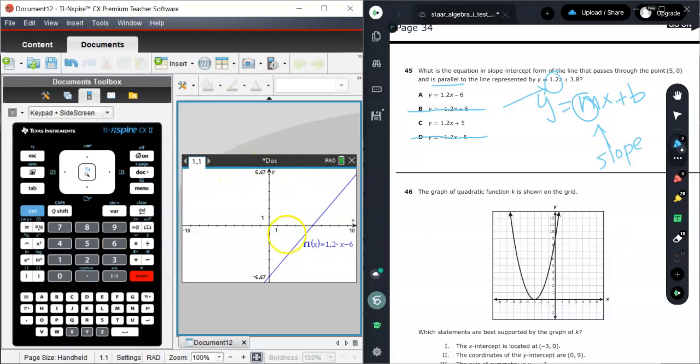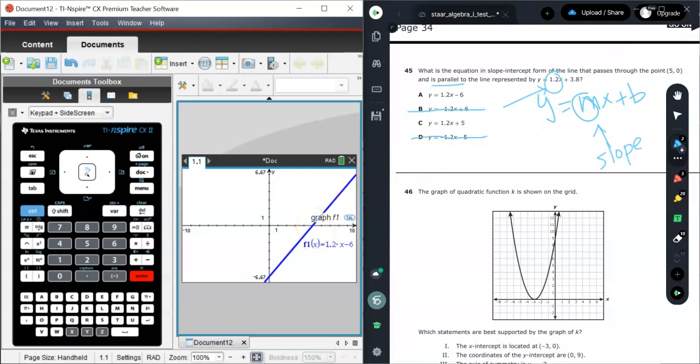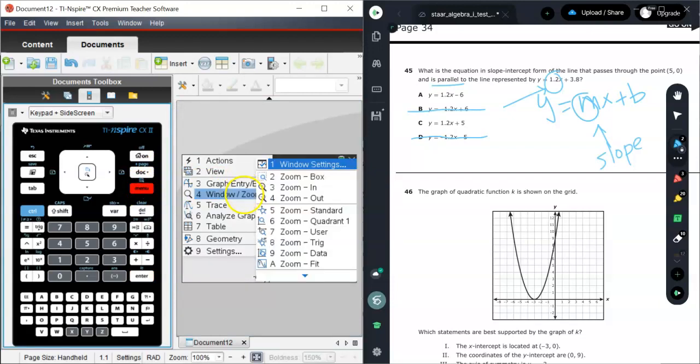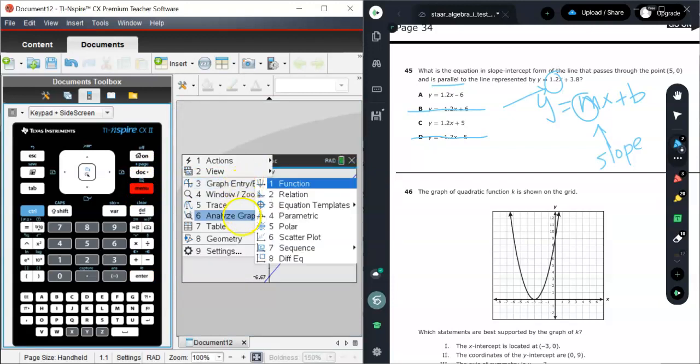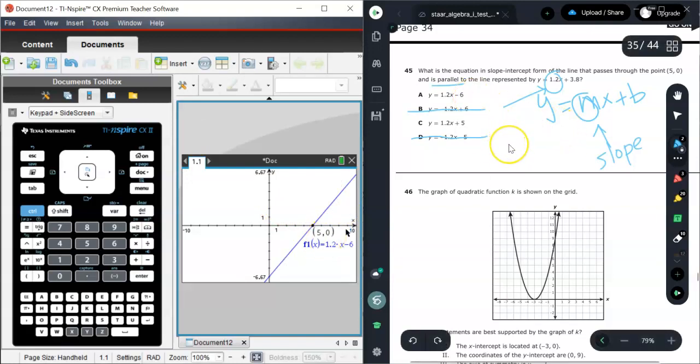There's two ways you can do this. (5, 0) means your x-intercept is 5. If you understand that that means that the x-intercept is 5, I can analyze my graph, look for my 0, and again, I know my 0's got to be 5. There you go. So A is your answer.